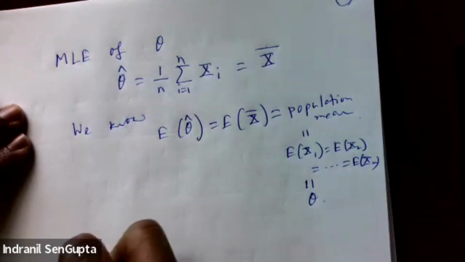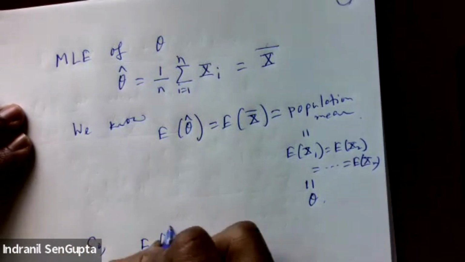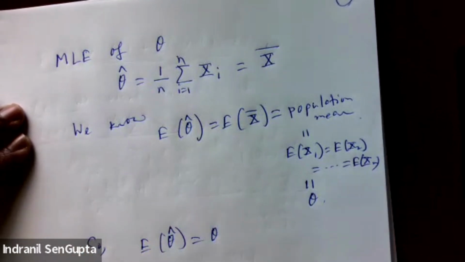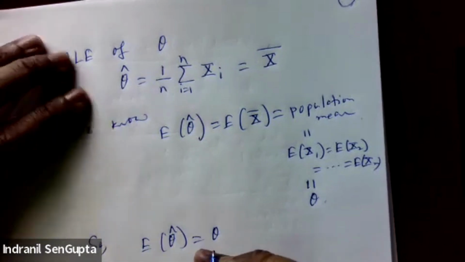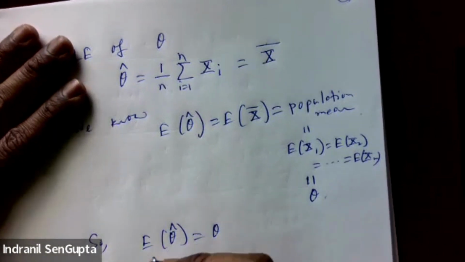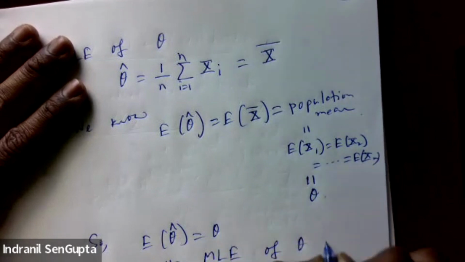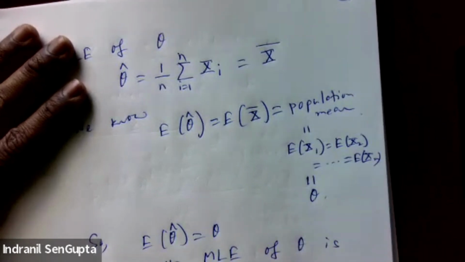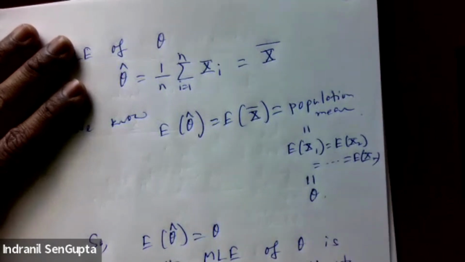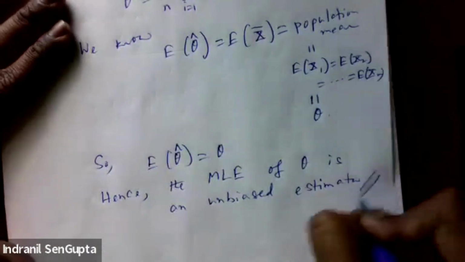What we found is E of theta hat equals theta, and hence the maximum likelihood estimator of theta is an unbiased estimator. Okay. Done. First part done.